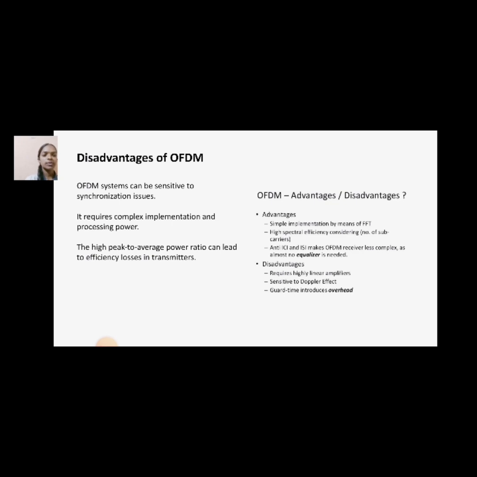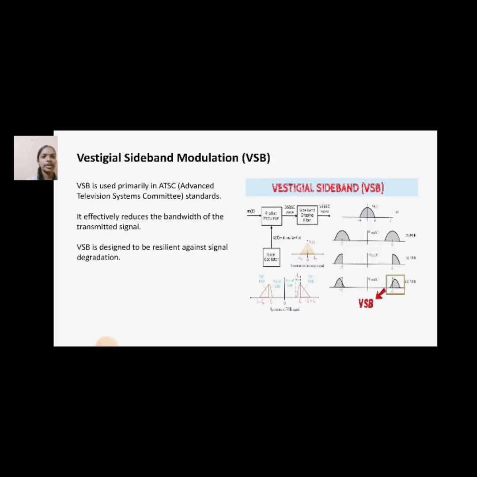Advantages: simple implementation by means of FFT, high spectral efficiency considering the number of subcarriers. Anti-ICI and ISI makes the OFDM receiver less complex, as almost no equalizer is needed. The disadvantages are it requires high linearity amplifiers and is sensitive to the Doppler effect. Guard time introduces overhead.